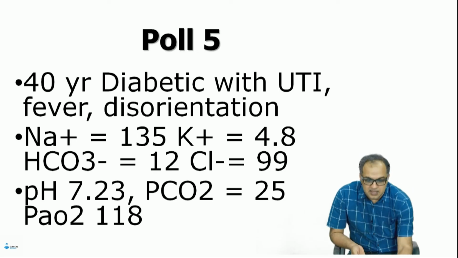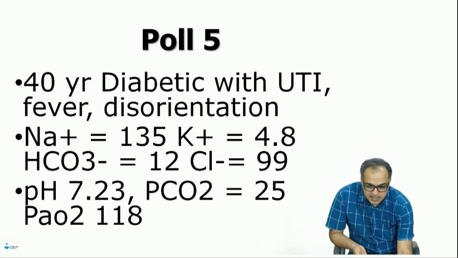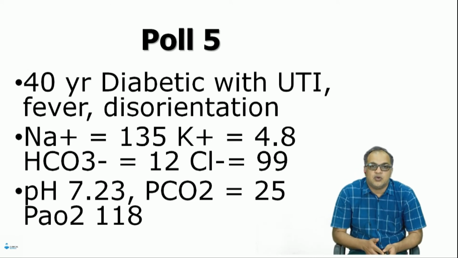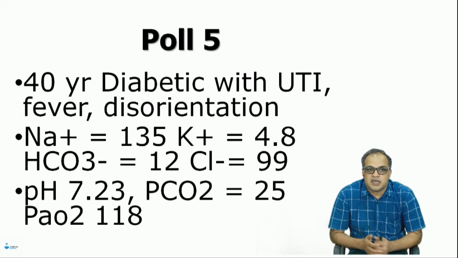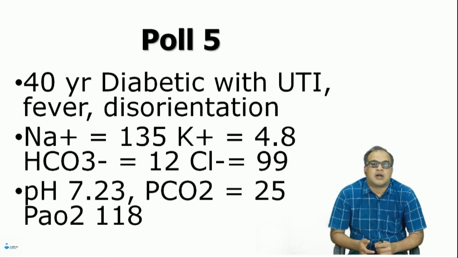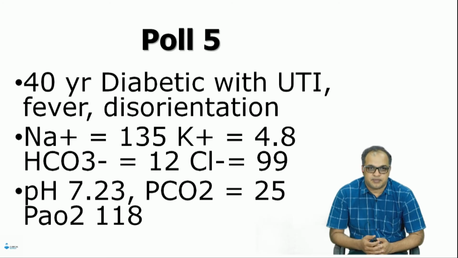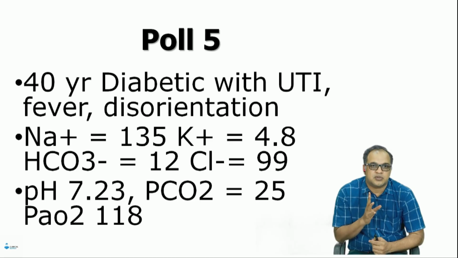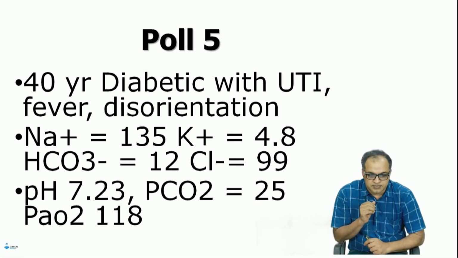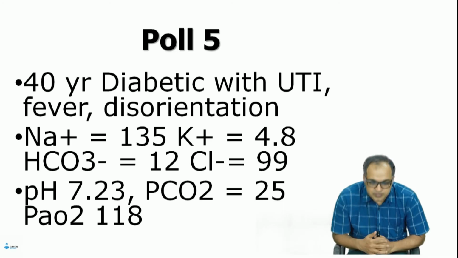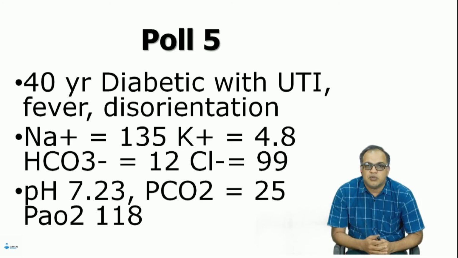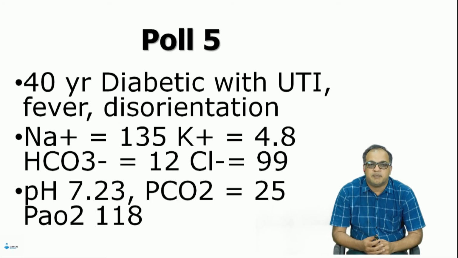Is it adequately compensated? That I will have to see. How do we see compensation in metabolic acidosis? It can be seen in two ways. pH is 7.23. PCO2 is 25. PCO2 is almost equal to the last 2 digits of pH. 23, so good.